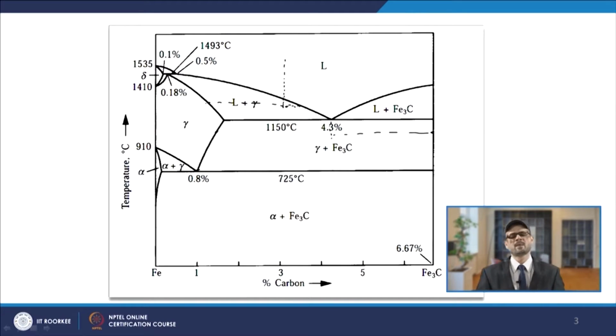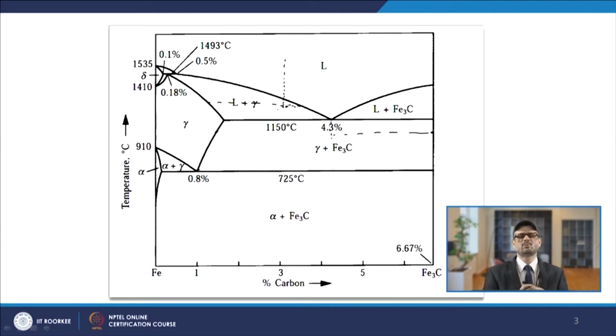So, this way you will have liquid, and ultimately at this point the liquid will have the composition of 4.3%, and then this liquid will convert to gamma plus Fe3C, that is also known as ledeburite. Before that you will have the pro-eutectic austenite which is formed.